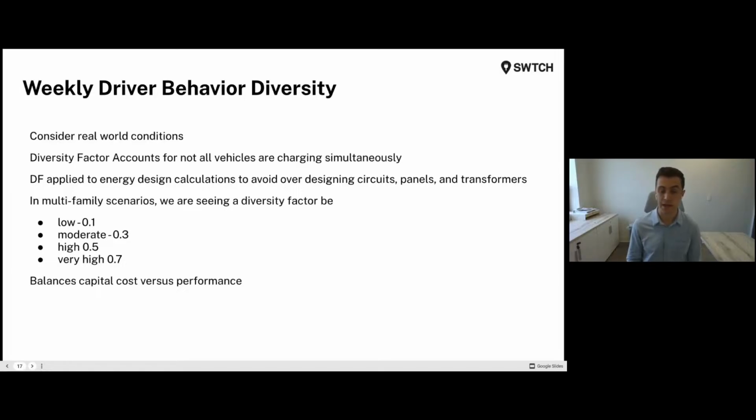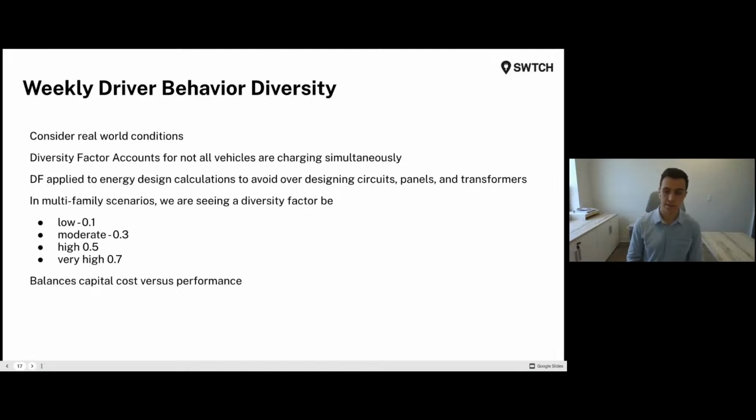Buildings in vacation communities typically see a higher diversity factor just because the drivers are putting on more mileage. And so what this comes down to is basically a trade-off or a balance between capital cost and performance. And that's where you, the designer or the project planner, needs to really have an ear to the ground for what the customer is looking for.